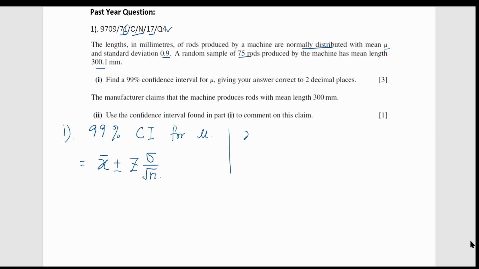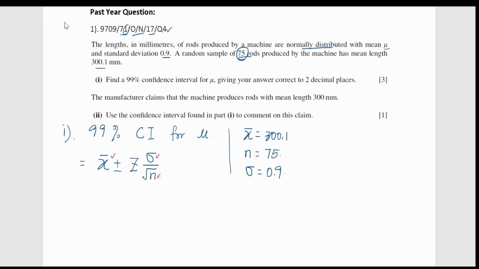Do we have the x bar value given? The sample mean from a sample of 75 rods has mean length 300.1. Then the sample size is 75. And the population standard deviation is given as well, 0.9. So we have the values of these.